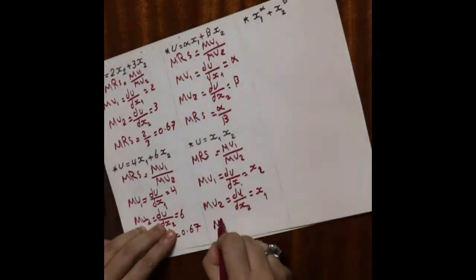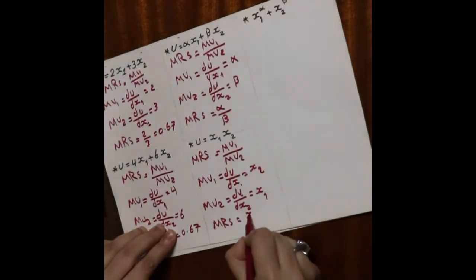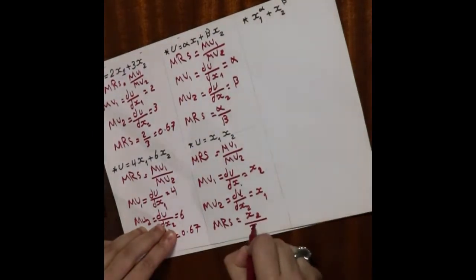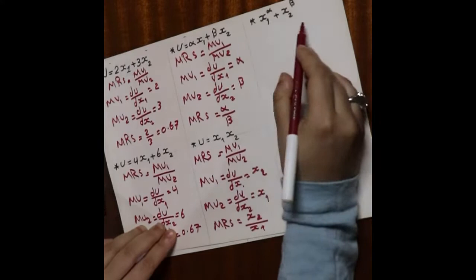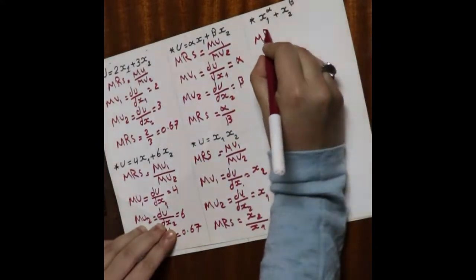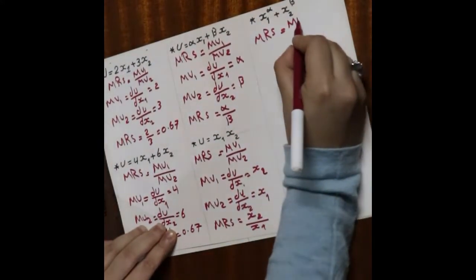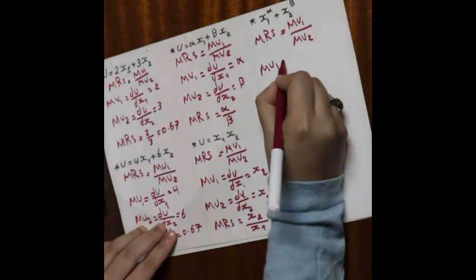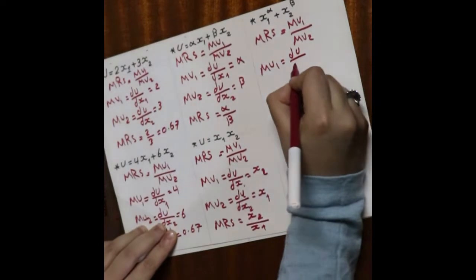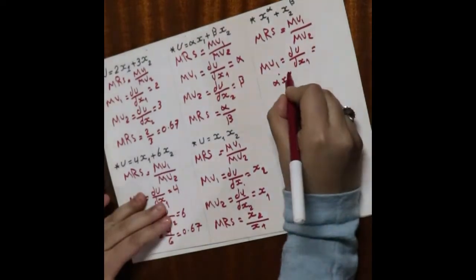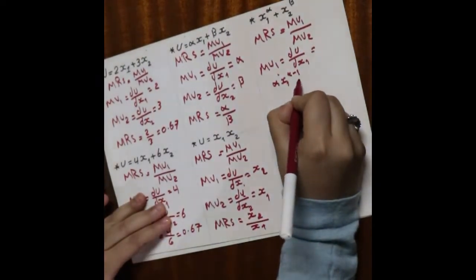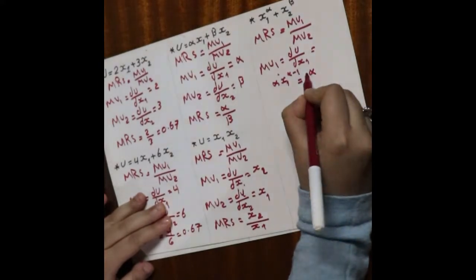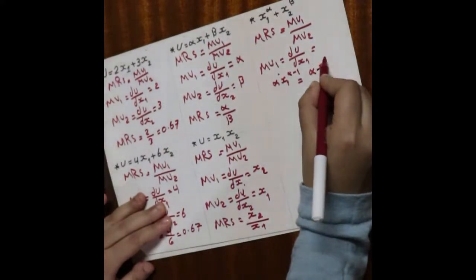Here U equal x1 power alpha plus x2 power beta. MRS equal MU1 over MU2. MU1 equal delta U over delta x1 equal alpha x1 power alpha minus 1 equal alpha x1 power alpha over x1.